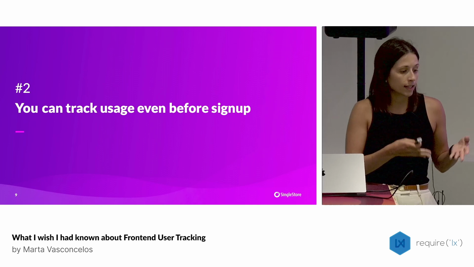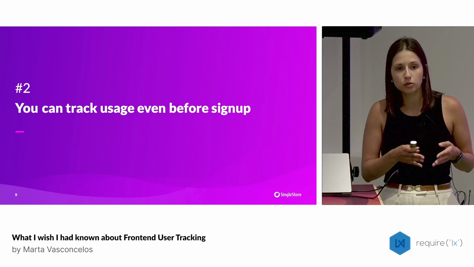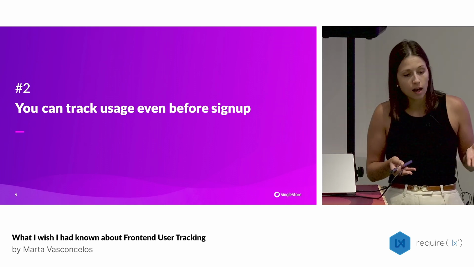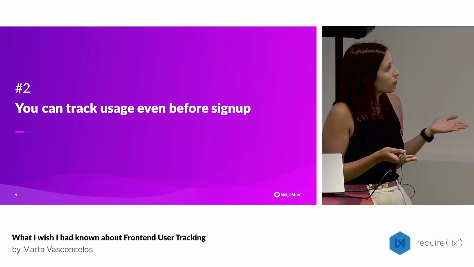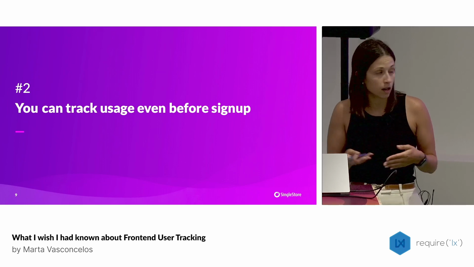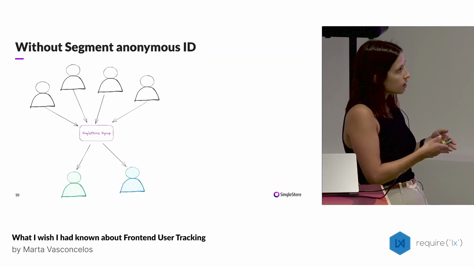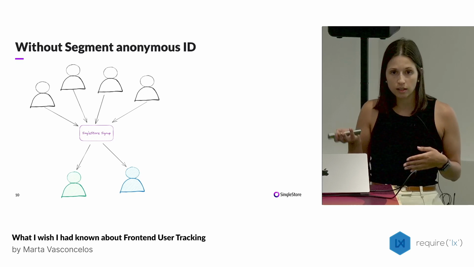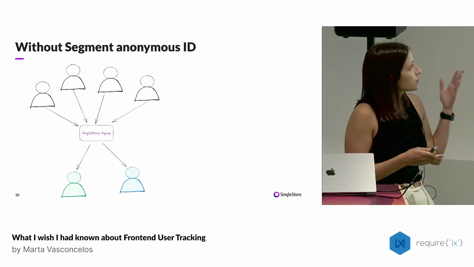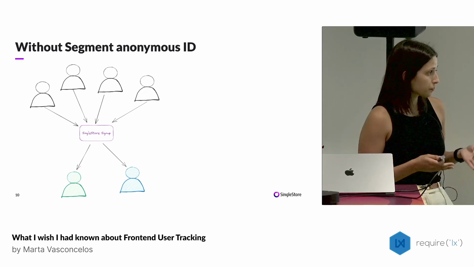It's really useful to track the whole flow as just one, and we can do this using a Segment feature. There are also other tools that allow you to do this, other Segment competitors, and it's called Segment Anonymous ID.